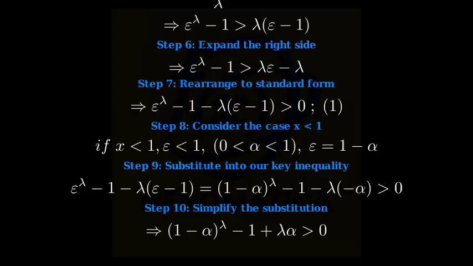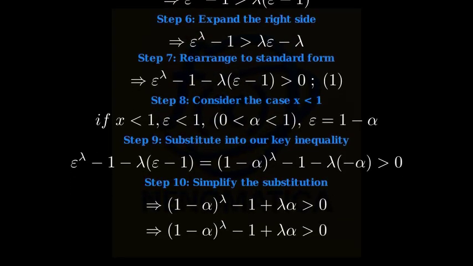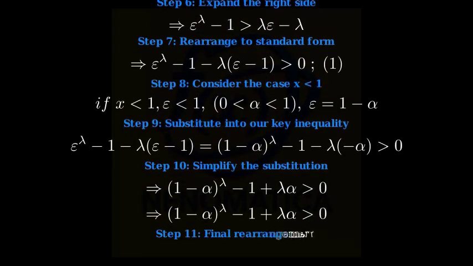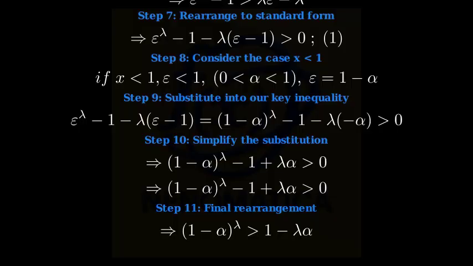We get 1 minus alpha to the power lambda minus 1 plus lambda alpha is greater than 0. For our final step in this case, let's rearrange to match our initial inequality rule. We get 1 minus alpha to the power lambda is greater than 1 minus lambda alpha.